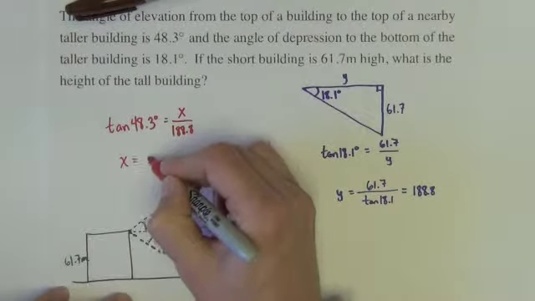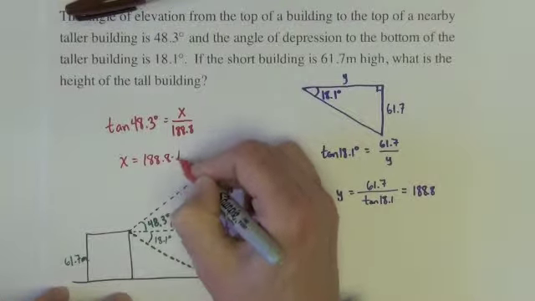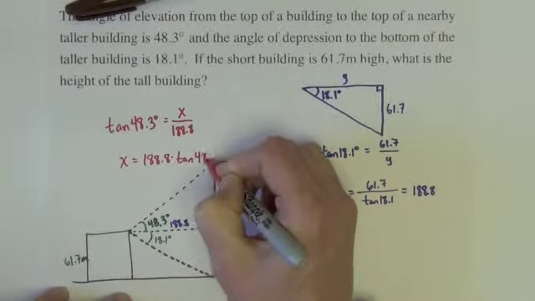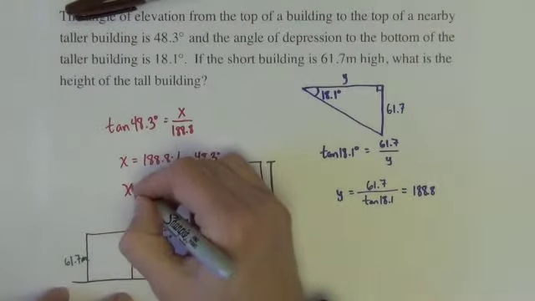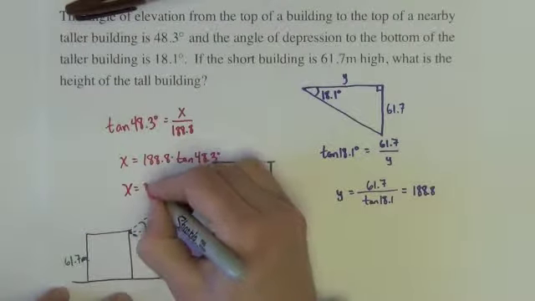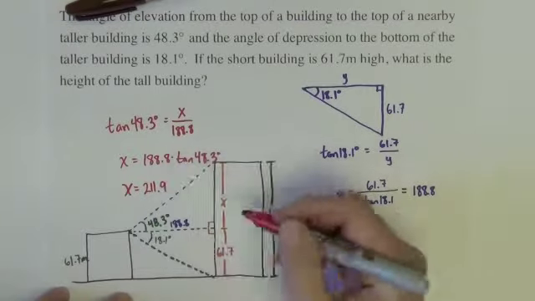So x is equal to 188.8 times the tangent of 48.3 degrees. And I get the x to be 211.9.